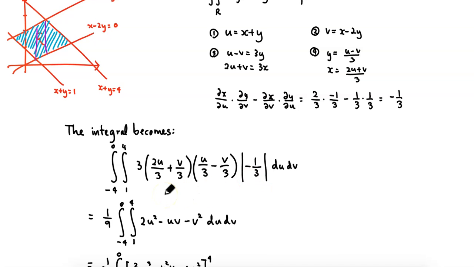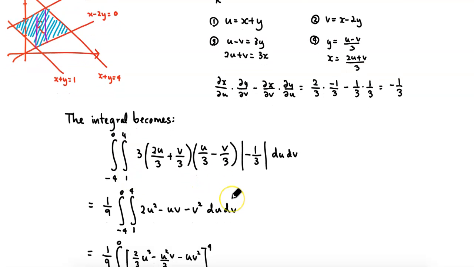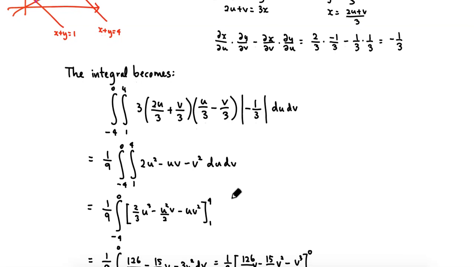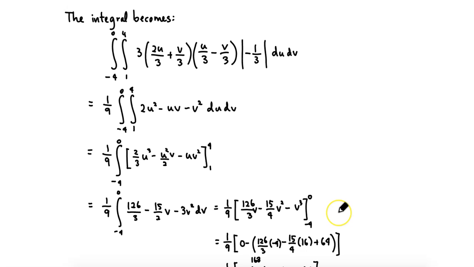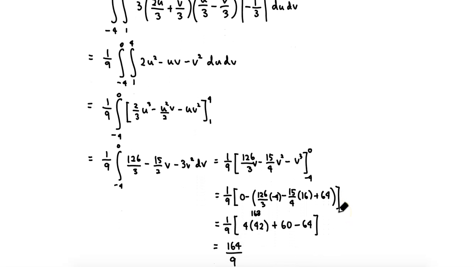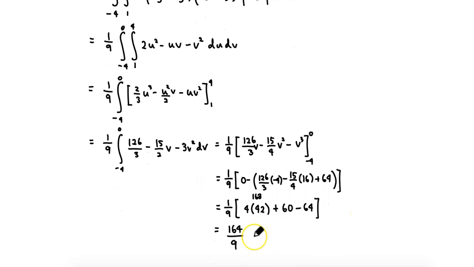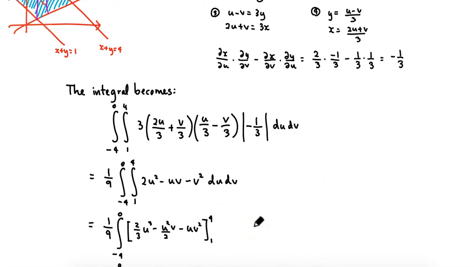We also have to change the limits of integration: v ranges from -4 to 0, and u ranges from 1 to 4. This is an easy integral that we can follow step by step, and in the end we get 164 over 9.